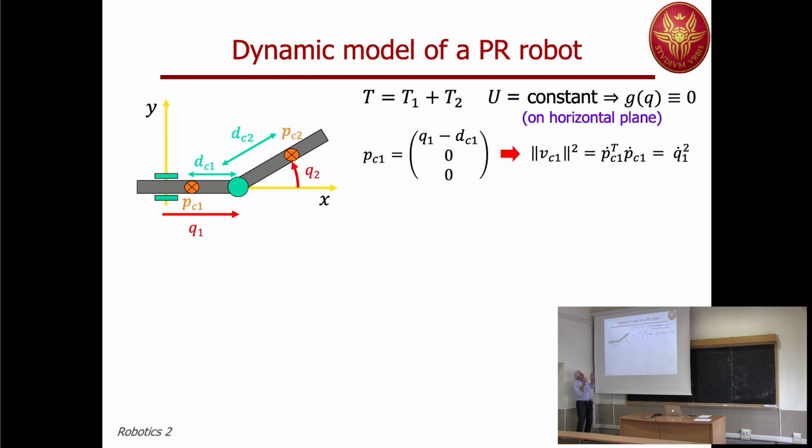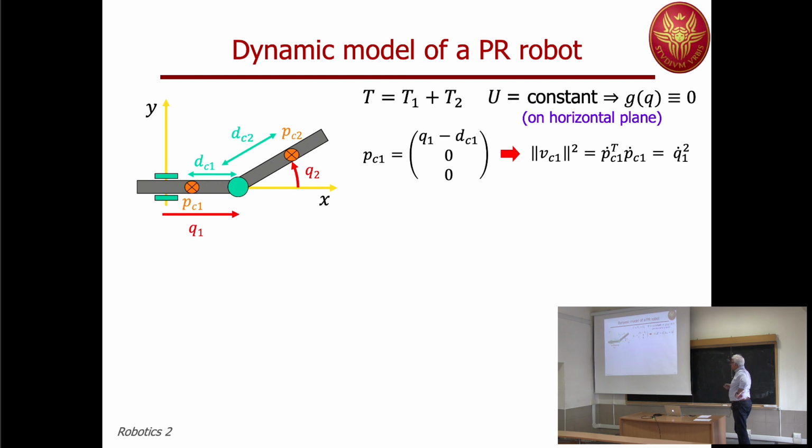So if we embed this in a three-dimensional space, though this is a planar situation, so we could restrict ourselves to the plane, but let's do the computation in the 3D space. So the position of the center of mass of the first link is along the x-axis, the absolute x-axis, and is characterized by the position of the joint 2, q1, minus this constant term, dc1.